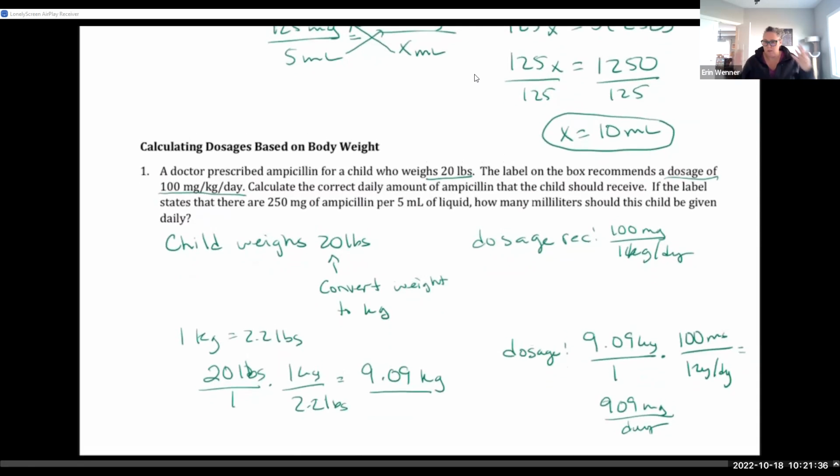So a lot of work there, but where are we trying to get, right? We've come up with how many milligrams this child should receive in a day.